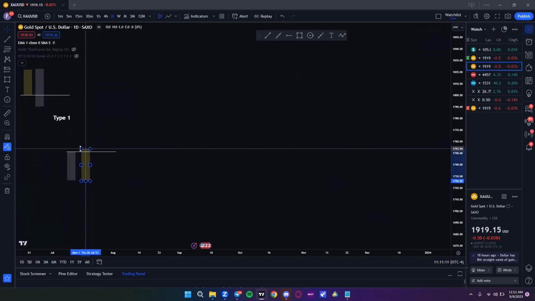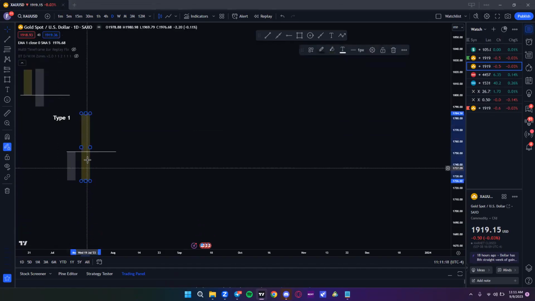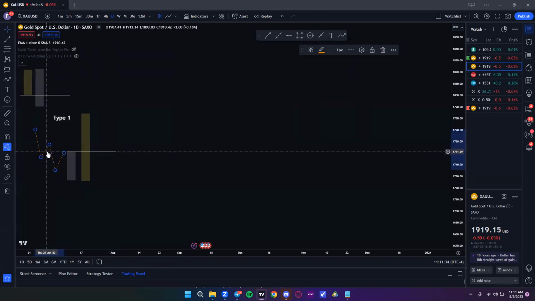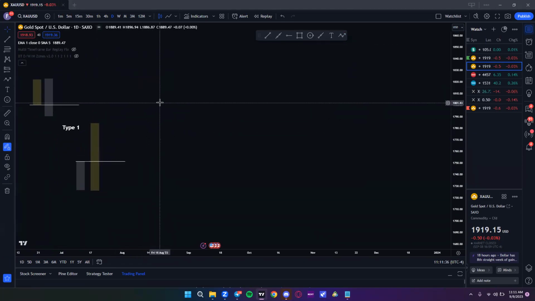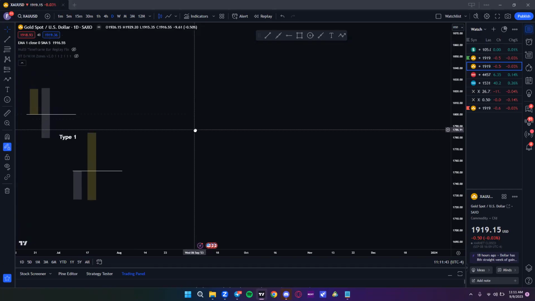So it could be even the smallest close above like this, or it could be like this, or like this, but regardless, it's changing direction. Price at one point was probably like this, and then price closed above this. There's a lot of information that you can get from this right here. And one thing I'm just going to, well, actually, I'll do that after I explain types 1, 2, and 3.